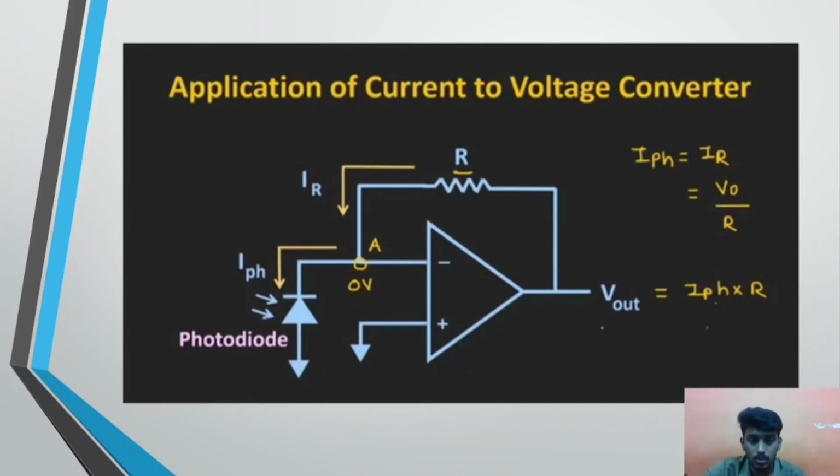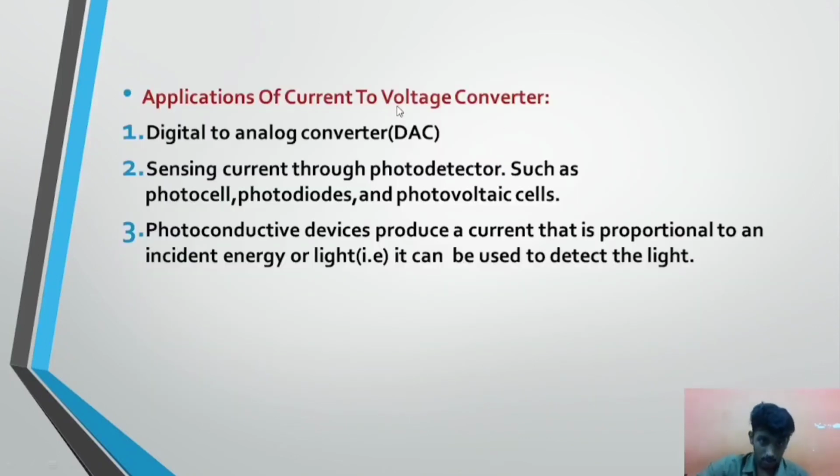Now going to the next slide, the applications of current to voltage converter. Digital to analog converter, where the digital signals are converted into analog signals by using the current to voltage converter. Sensing current through photodetectors, such as photocell, photodiodes, photovoltaic cell.